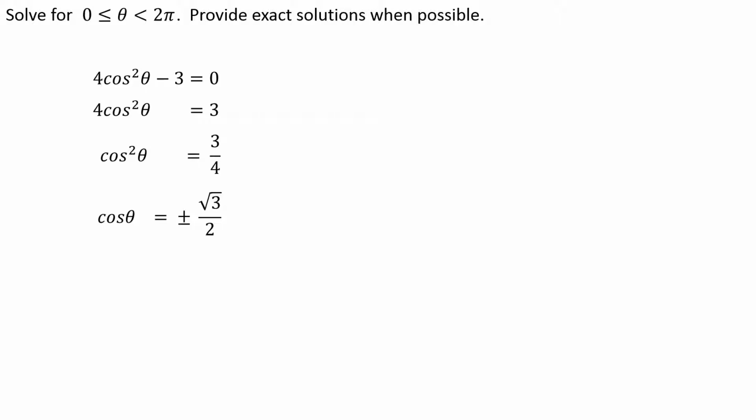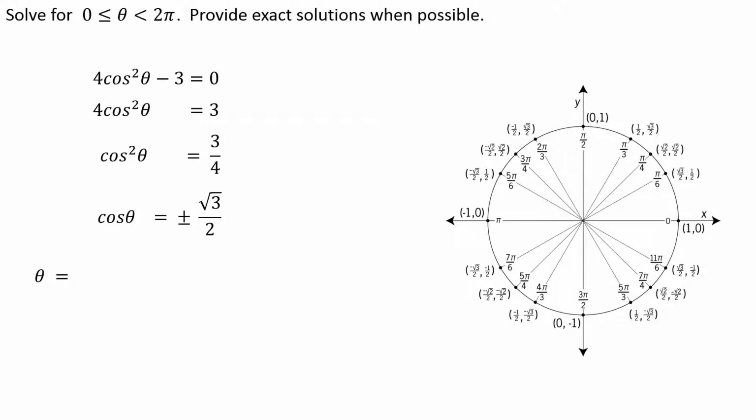Well, where am I when cosine of theta is either positive or negative root 3 over 2? Looks like the first occurrence is at pi over 6. Next time that it's either positive or negative root 3 over 2, 5 pi over 6. The next time, 7 pi over 6.